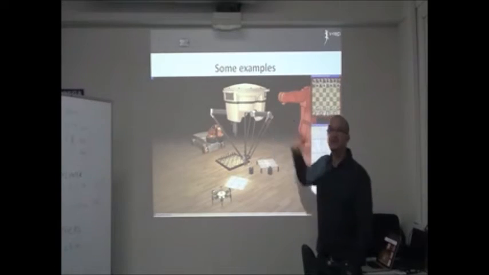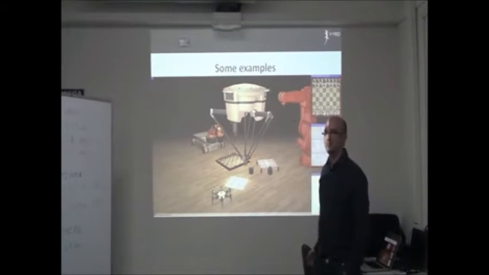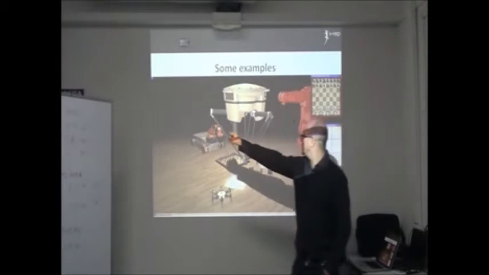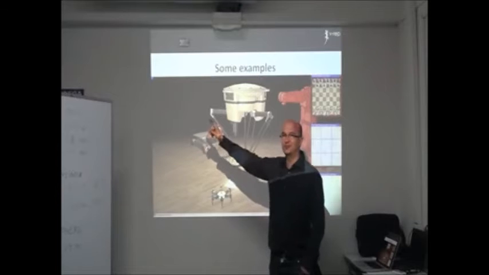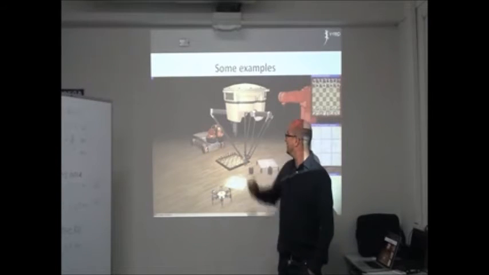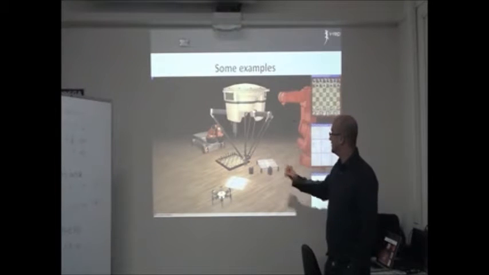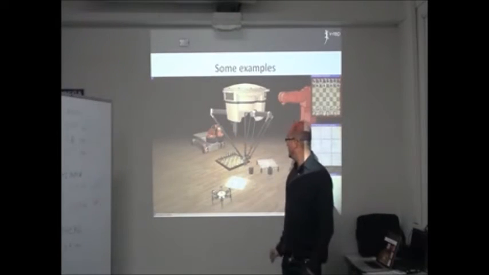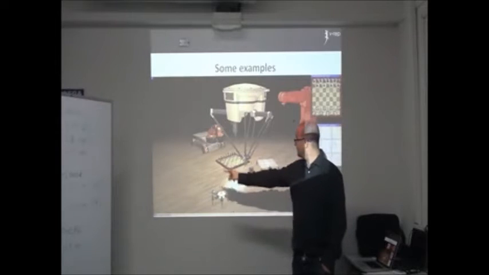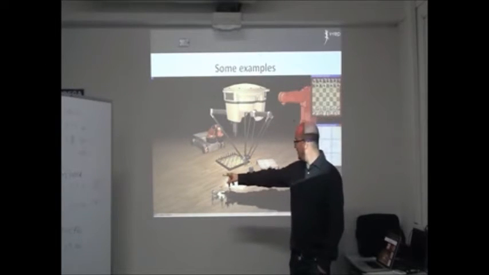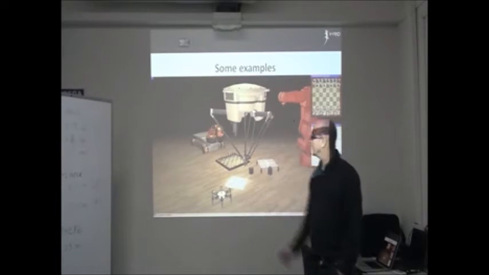You have a little bit less standard, but coming really much into the industry, parallel robots. Also, a very new kind of robot in industry is this kind of mobile manipulator. So this is a KUKA youBot robot, and also, somewhat different from an industrial robot, this hexapod, which is able to walk.